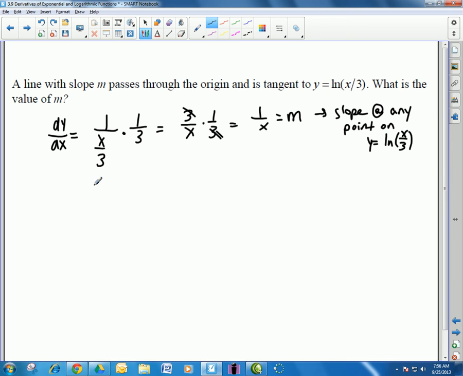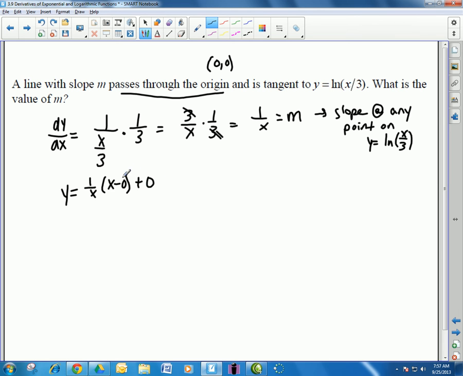Okay? So now what we do is we know that this line passes through the origin, and so then that is the point 0, 0. So let's come up with the equation for that tangent line. Using this slope of 1 over x, you could write y equals 1 over x times x minus 0 plus 0.